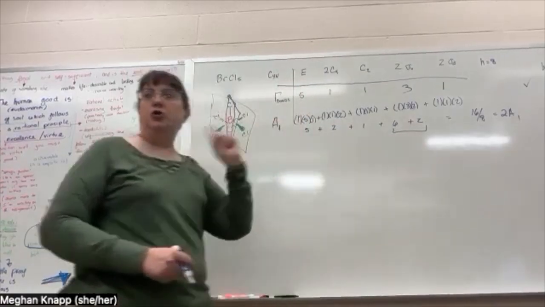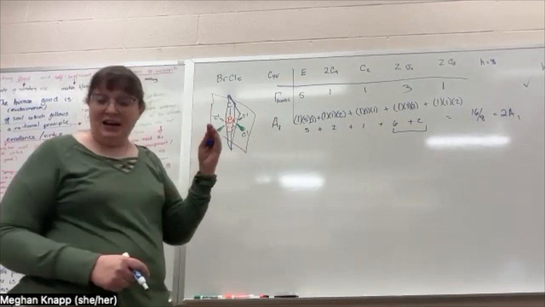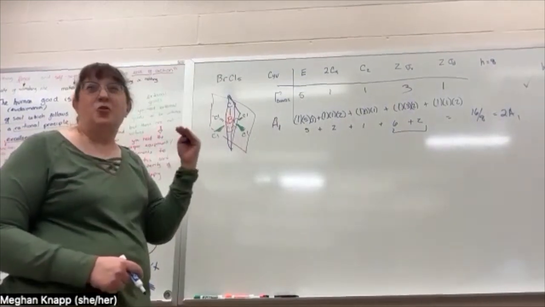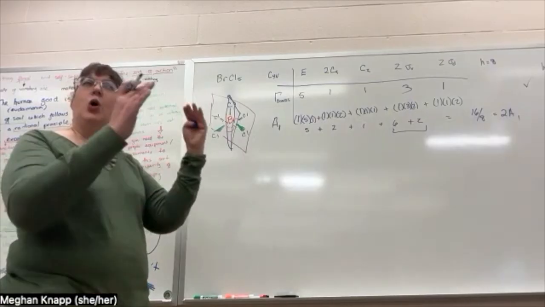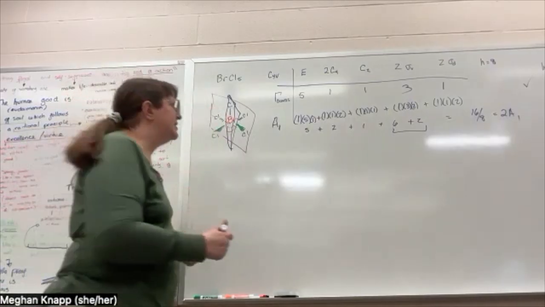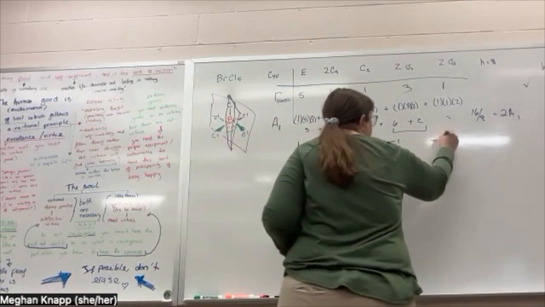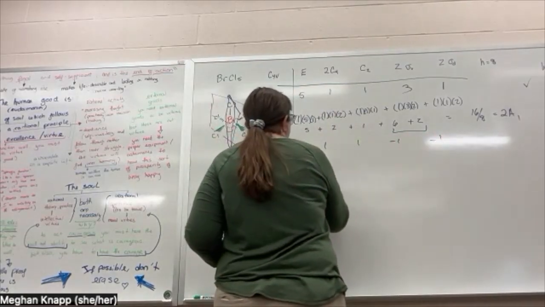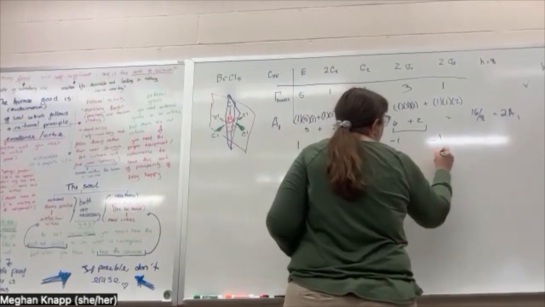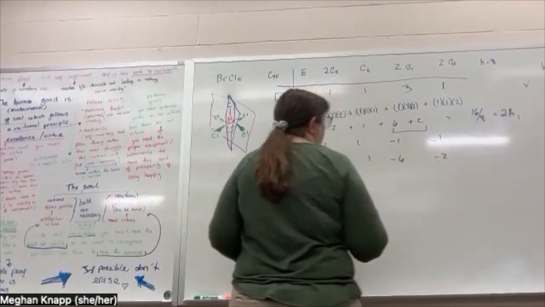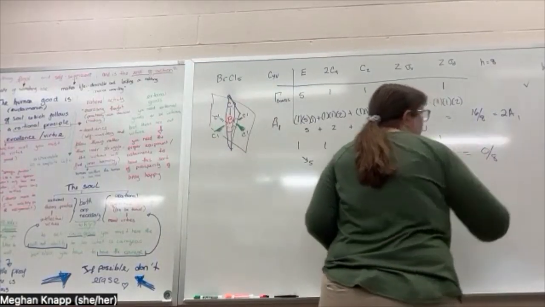Now, I could go through and multiply that, and if you want to be convinced of it, you can do that. But because everything for the A's and the B's are either positive 1 or negative 1, sometimes you can use this idea to be like, oh, okay, that means those will cancel out. So the 1, 1, 1, negative 1, negative 1 is going to result in 5, 2, 1, negative 6, and negative 2. And that's going to be 0.